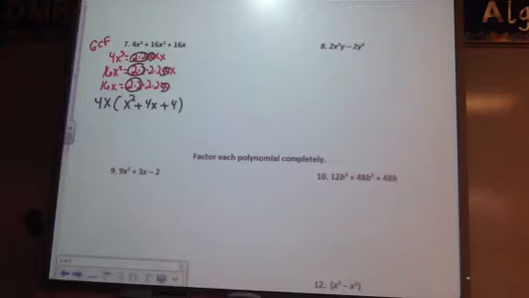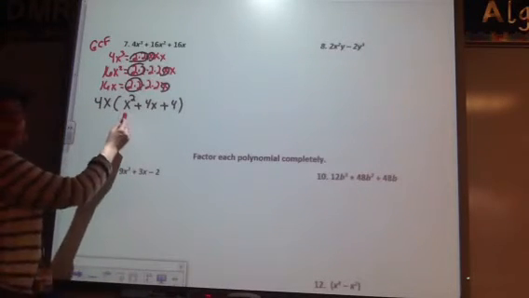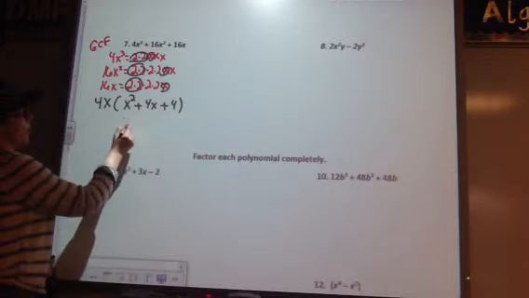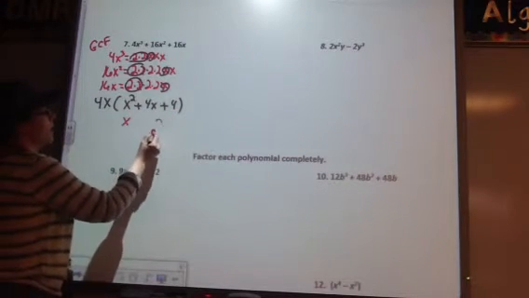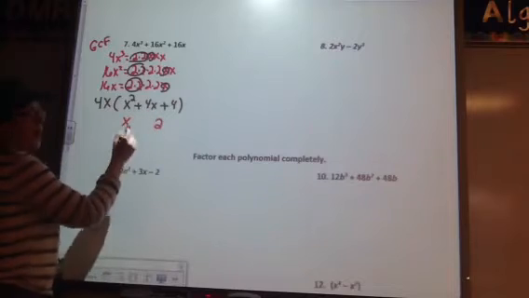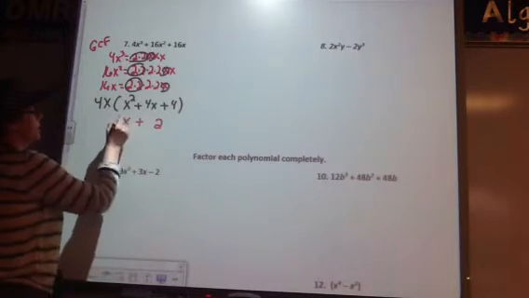Okay. Now, we did our greatest common factor. The next step is, do we have a perfect square? Well, is x squared perfect? Yes, because I can pull out an x. Is 4 perfect? Yes, I can pull out a 2. Because they're both positive and it's a trinomial, this is going to be a positive.